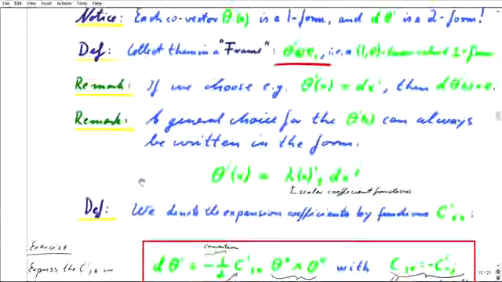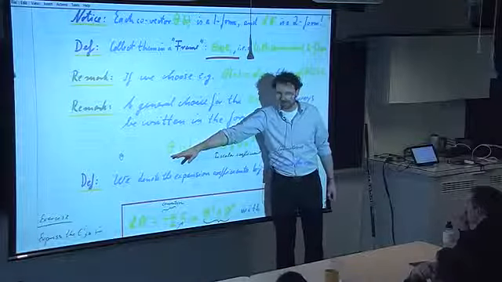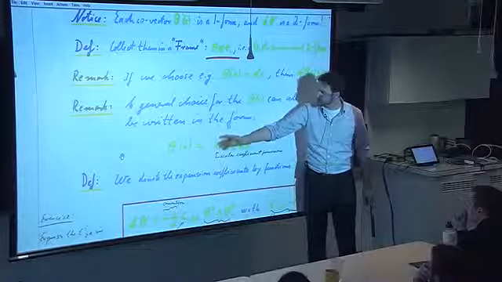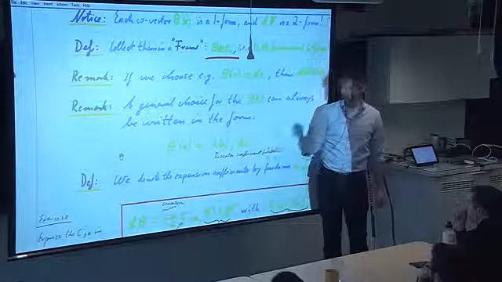Now, for whichever choice you make, and that's very important, whichever choice you make of basis in your cotangent spaces, this basis can always be expanded with suitable expansion coefficients in terms of the basis that comes in with a coordinate system.